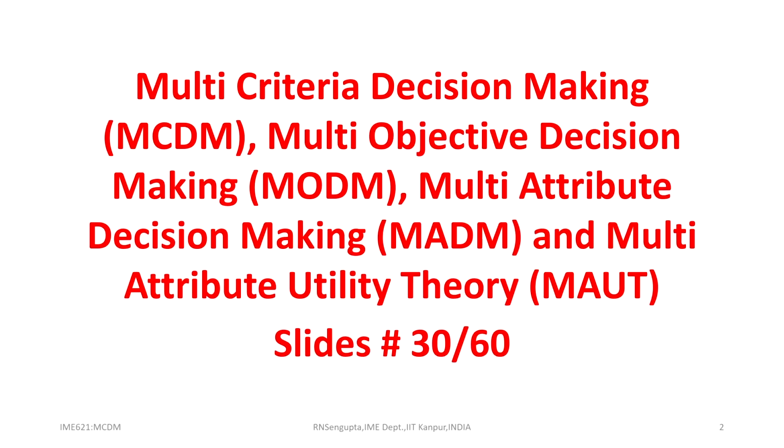Then there is multi-attribute decision making, multi-attribute utility theory, which is more qualitative and subjective, where analyzing the problems may be more intuitive in nature.